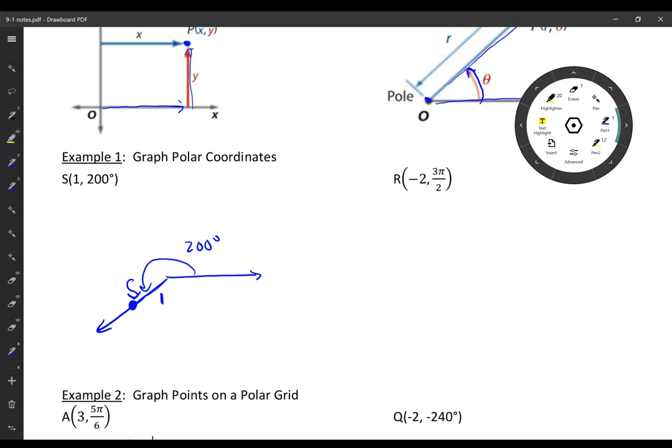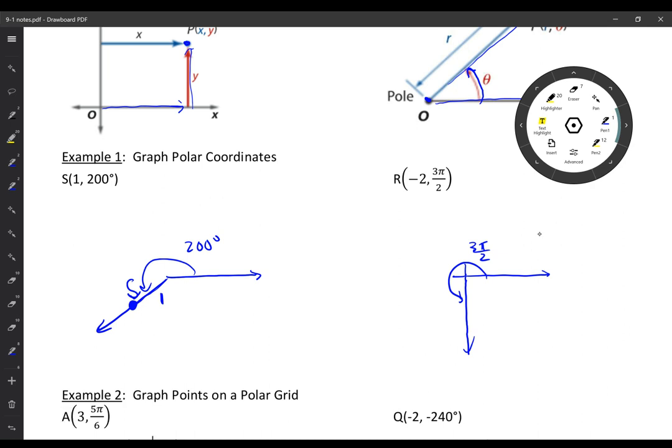So on the second one, -2 comma 3 pi over 2. Let's think about 3 pi over 2, which would be 270 degrees. So here's my polar axis. This would be the 90, the 180, this would be the 270. And so this is 3 pi over 2. And then along that line, I want to go -2.